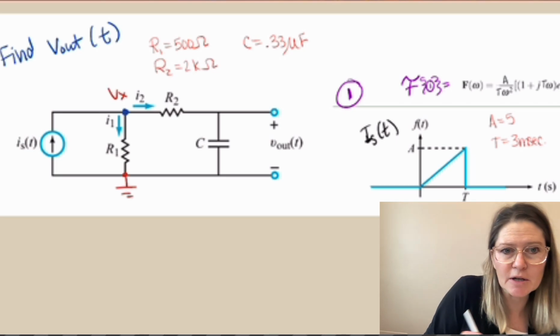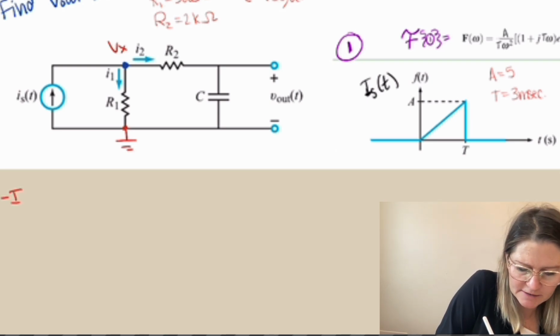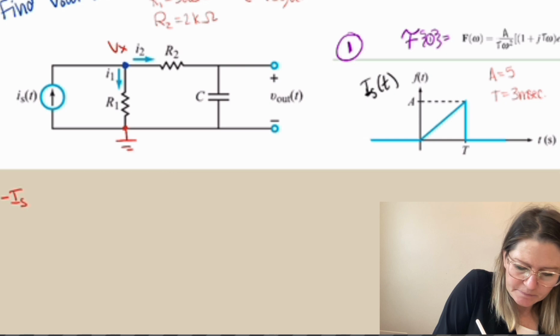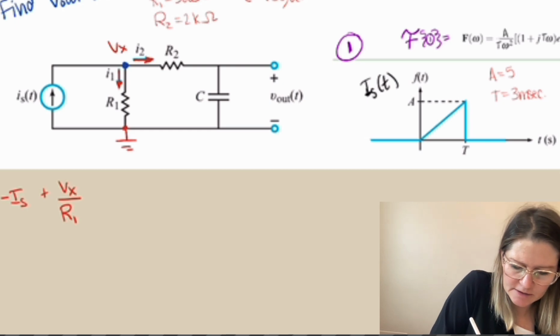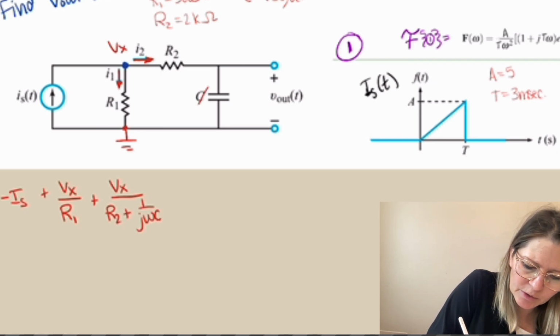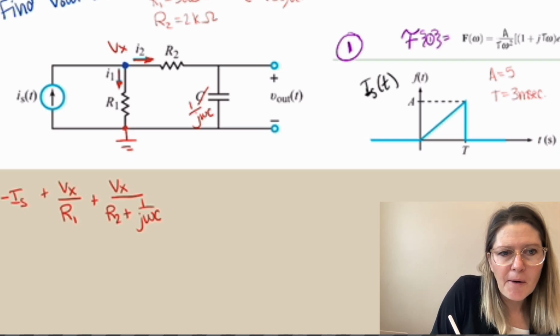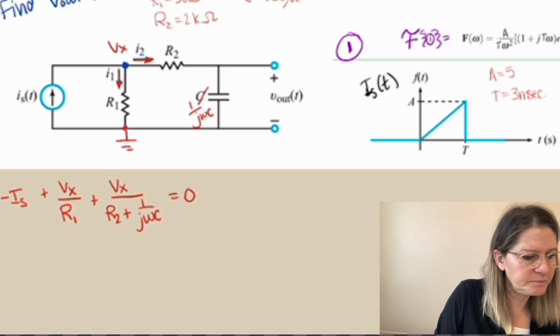This is going to be ground, and doing a node voltage equation here, I get minus Is plus Vx over R1 for this current, and for this current, it's going to be Vx over R2 plus 1 over j omega C, and then that is equal to 0.